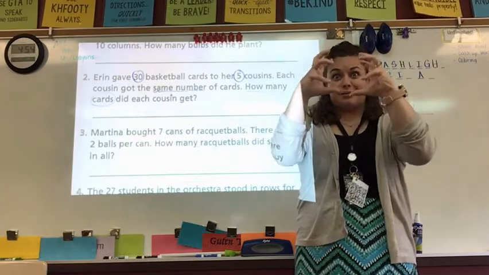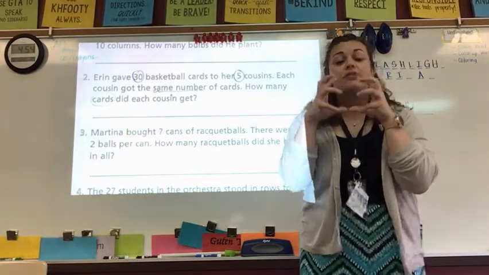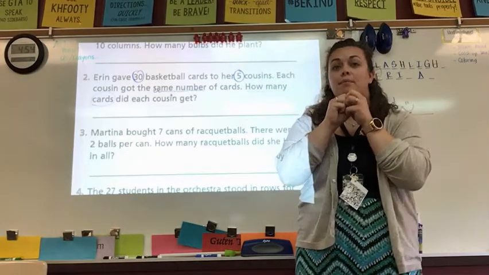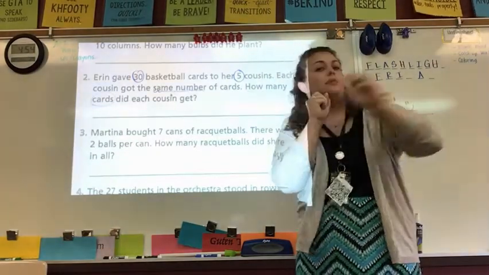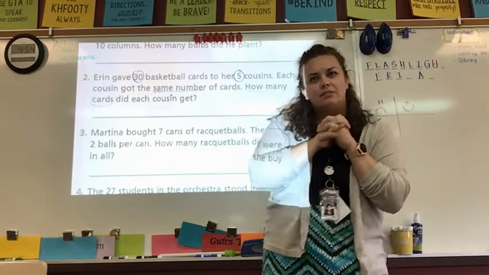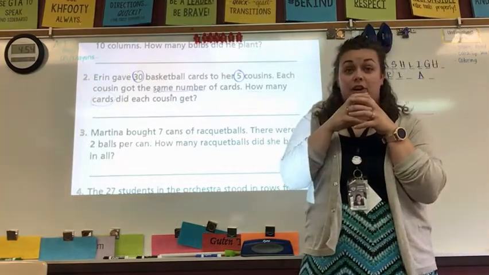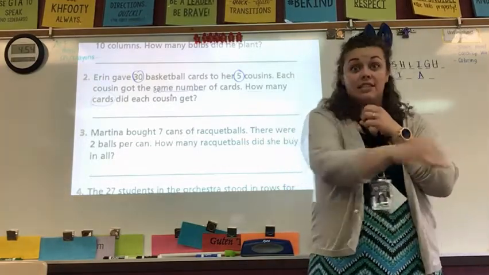It's like a stack of basketball cards, okay? She's giving the same amount to each of her 5 cousins. So she's giving this cousin some, and this cousin some, and this cousin some, and this cousin some, and this cousin some. What type of drawing does that kind of look like if I acted it out? She had a whole bunch of basketball cards, and she gave each of her cousins the same amount.